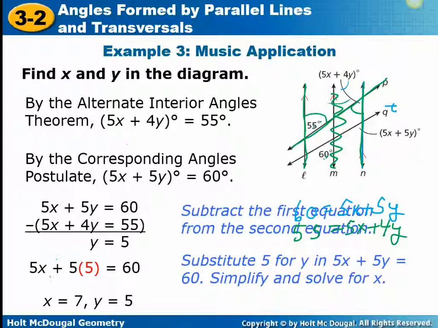So to finish solving, you'd have 5x plus 25 equals 60, subtract 25 from both sides, and you get 35, so 5x equals 35. And then you can see where they got the 7 from. Divide by 5, x equals 7. So y was equal to 5, x was equal to 7. That one's a little trickier.